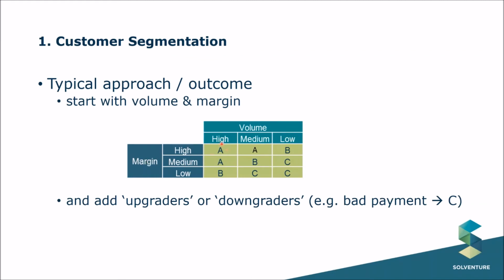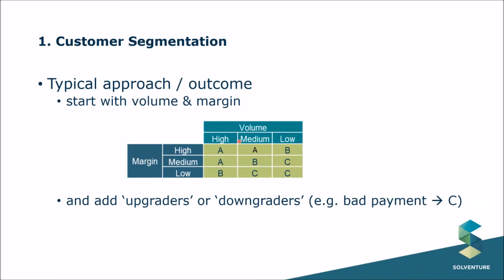And there we say, okay, if a certain customer has a high volume and a high margin, then it will be in the A cell. So that's something you will have to define, but afterwards I will show you in Archiva how it looks, and you will see exactly the same type of graph in Archiva.